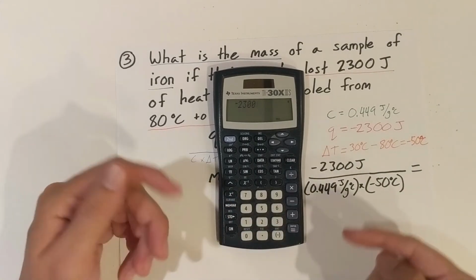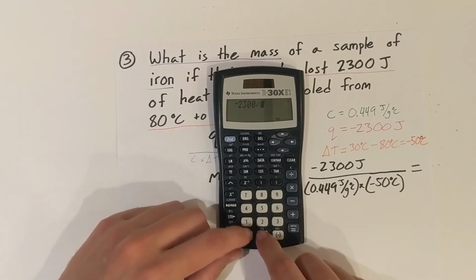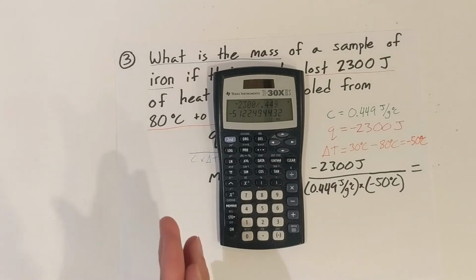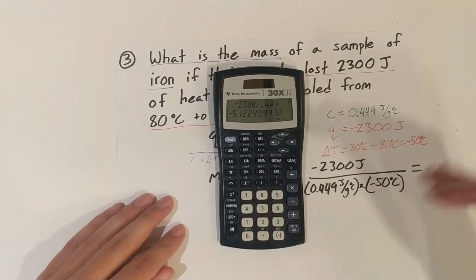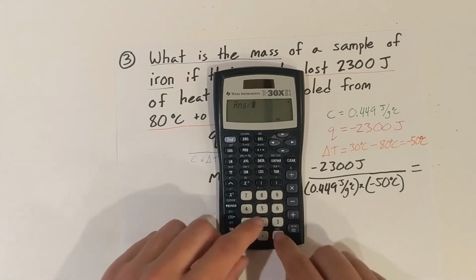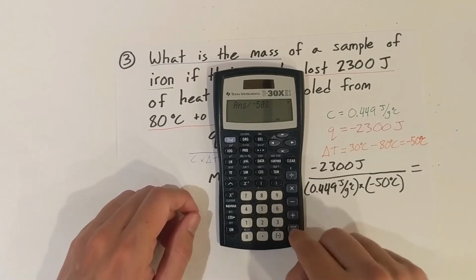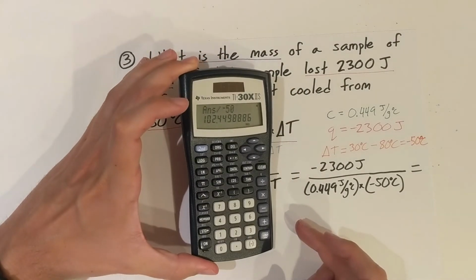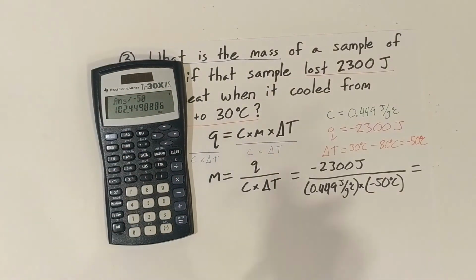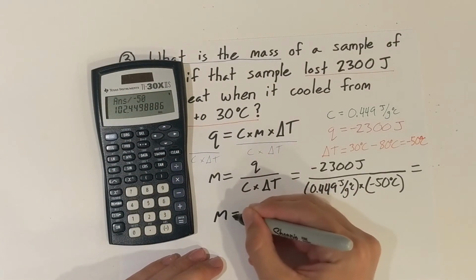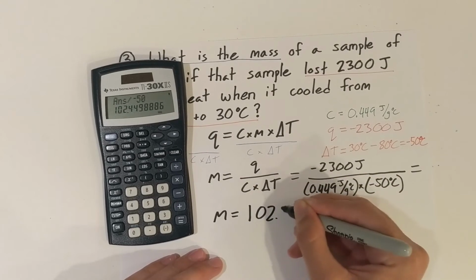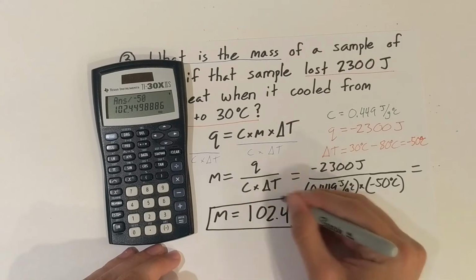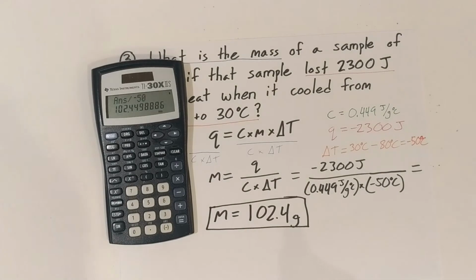Negative 2,300 divided by 0.449. All right, so we got this number. And then 50 is below the fraction, so we got to divide again. Divide by negative 50. And this will be our mass, about 102.4. We'll round it there. 102.4 grams of iron.